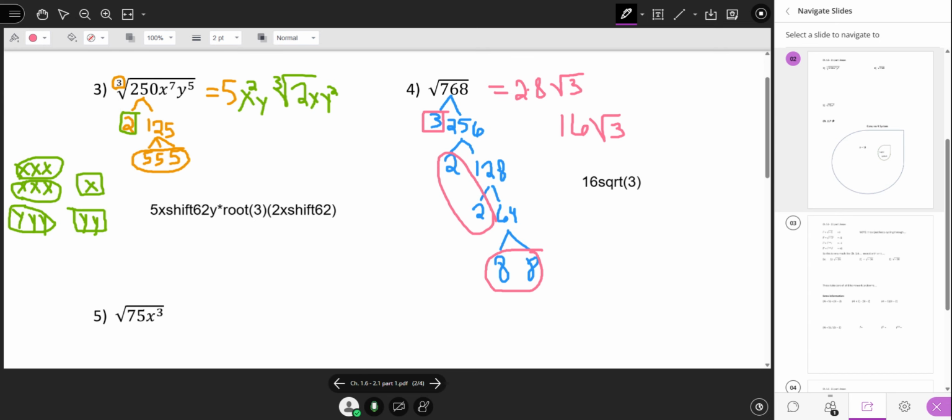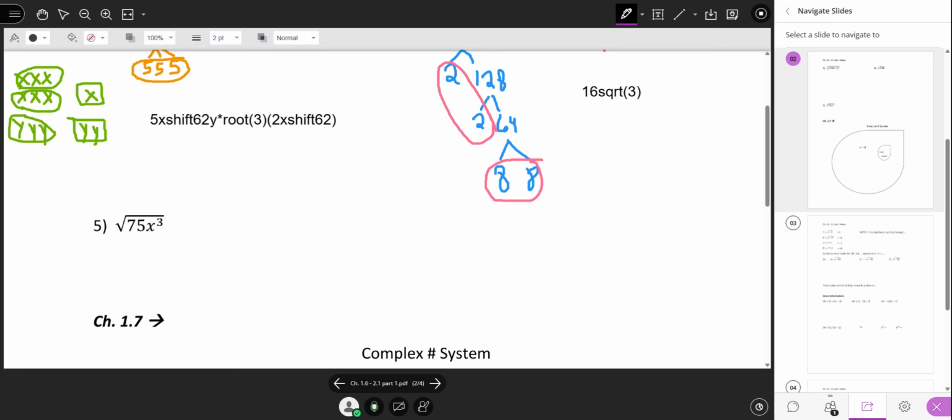Now, one more problem. I know that 3/4 are 75 cents. So there's my pair. There's my scoundrel. And then let's deal with the x's. Remember, when I don't see an index number, my index number is 2.